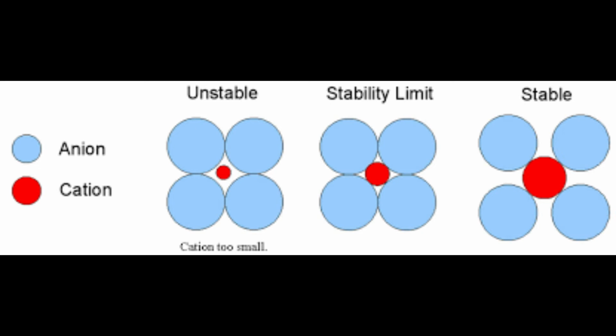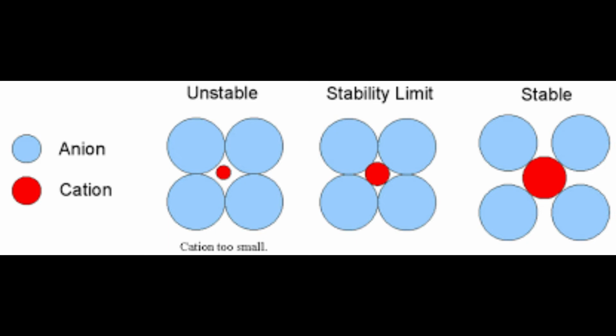Here the size of the cation, the red ion, is increased further, causing separation between the anions, and the gap is completely filled. Now in this third condition, there is a gap between the anions, so the repulsion will be less.